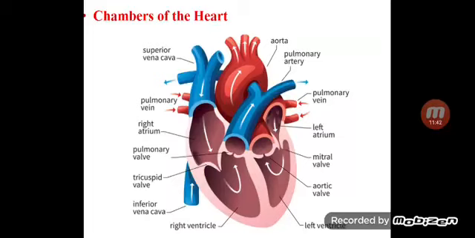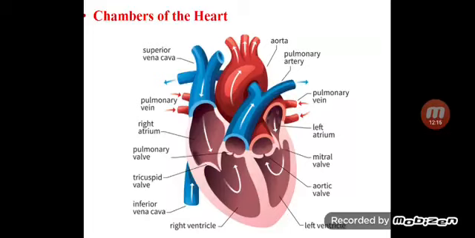Chambers of the heart. The heart consists of 4 chambers: right atrium, left atrium, right ventricle, and left ventricle. The 2 atria are separated from the ventricles by the atrioventricular groove in the coronary sulcus.